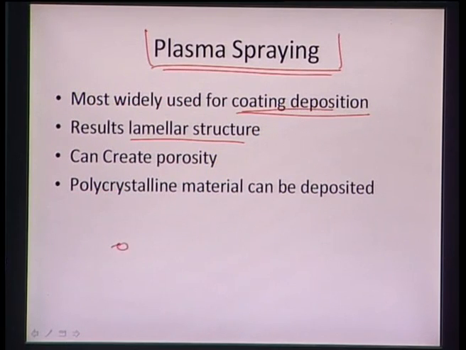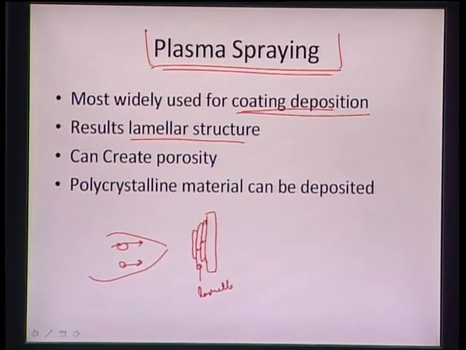So we have powder which passes through a plasma plume, and these particles are accelerated to certain velocities so that they get impacted onto a substrate to form splats, and consecutive layers tend to form over it, and this is called a splat structure or the lamellar structure.